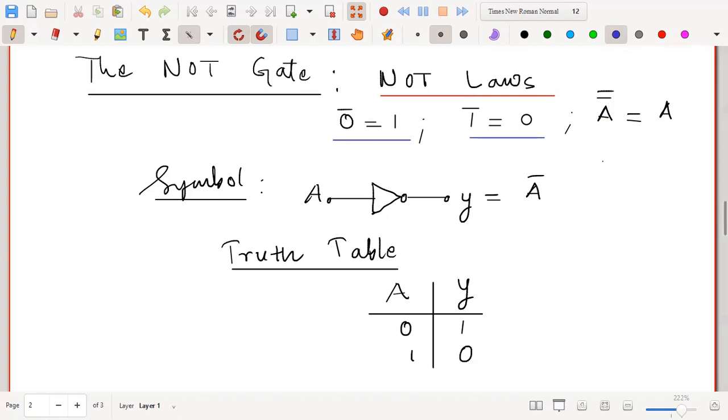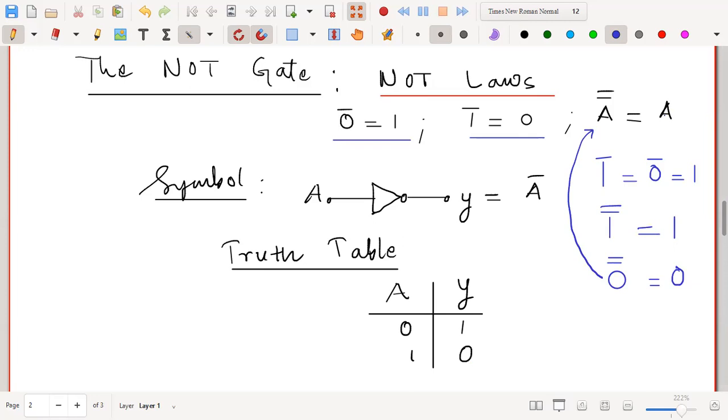For example, 1 complement is 0, then 0 complement is 1. The meaning of this is that if you double complement 1, you will get the same 1. If you double complement 0, you will get the same 0. Similarly, if you double complement the variable A, you would get the same variable A.